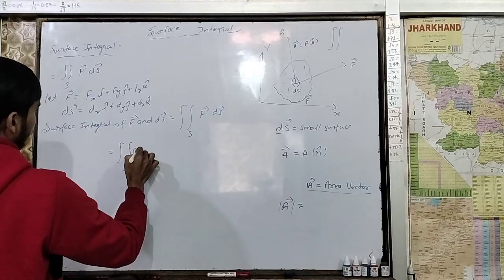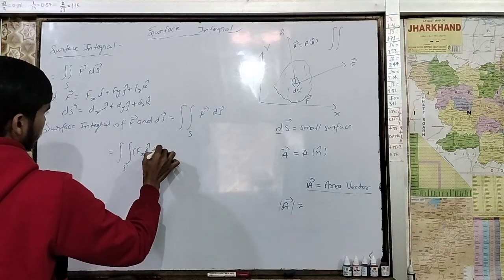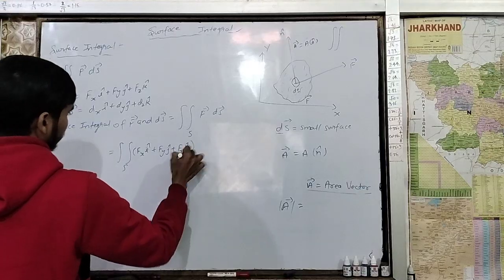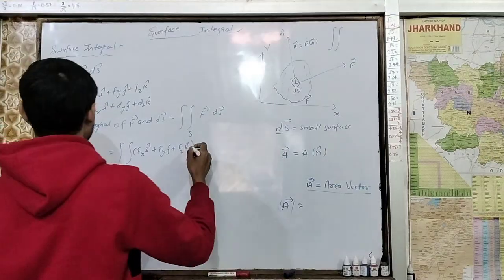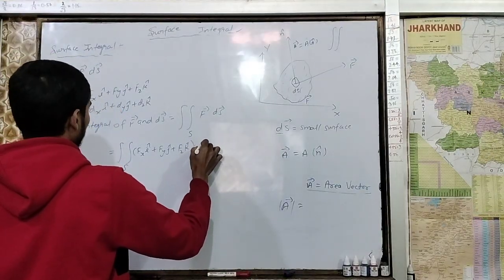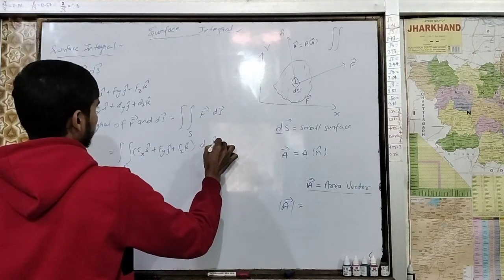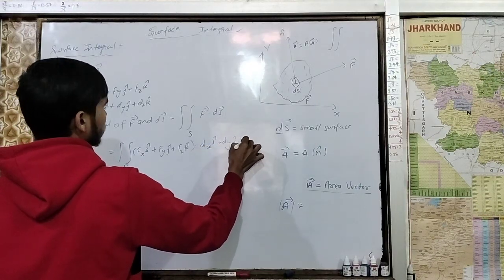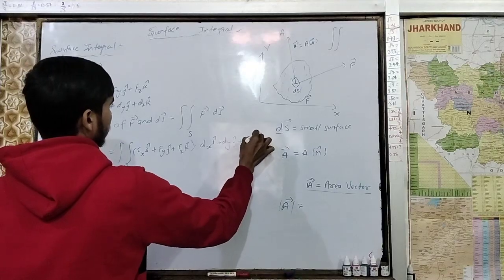First we have Fx i cap plus Fy j cap plus Fz k cap, dot the other components dx i cap plus dy j cap plus dz k cap.